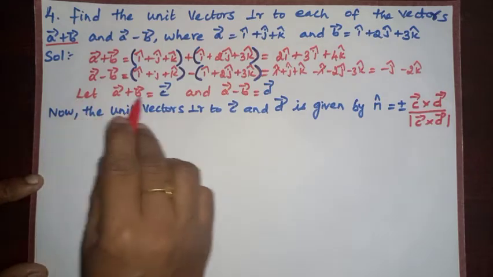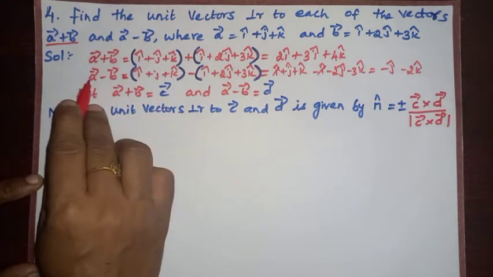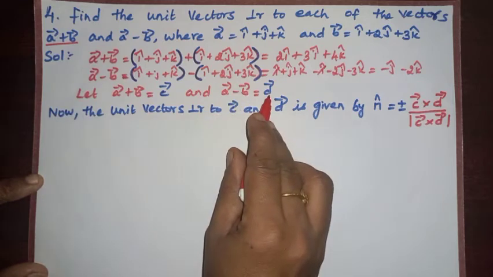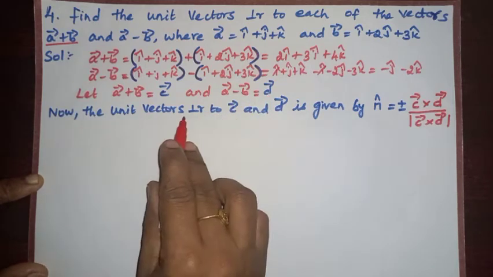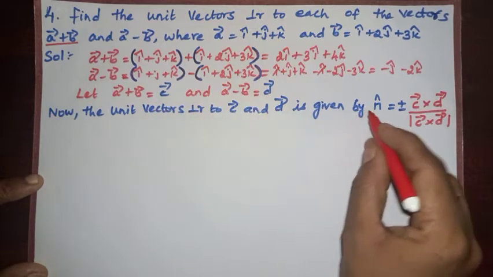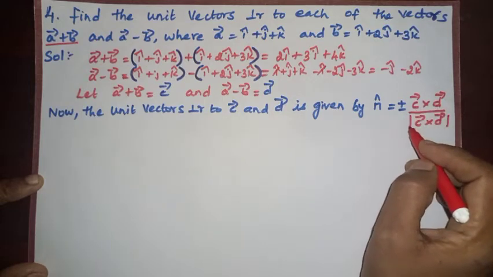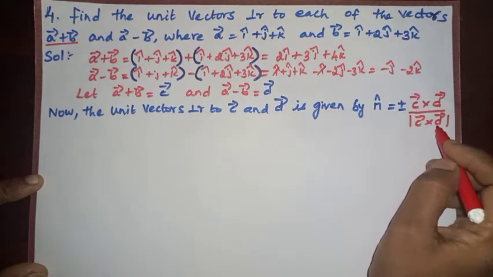Now let us consider vector A plus vector B as C vector, vector A minus vector B as D vector. So the unit vector perpendicular to C vector and D vector is given by n cap equal to plus or minus C vector cross D vector by magnitude of C vector cross D vector.